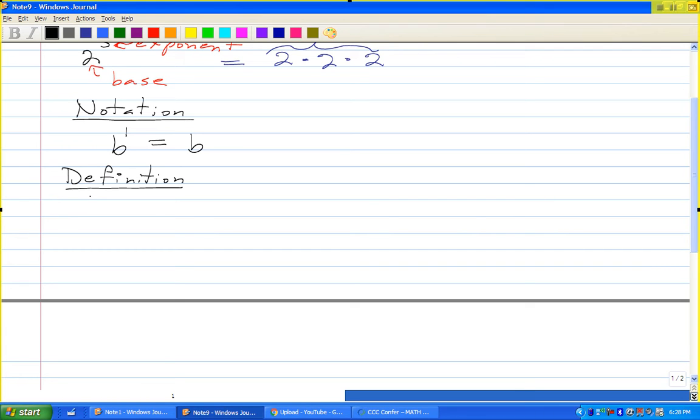First, let me assume that the base is not equal to 0. Then any non-zero base to the power 0 is defined as 1, so long as the base is not equal to 0. Then I'll define a base to the power n plus 1 as equaling the base times the base to the power n, for any whole number exponent n.